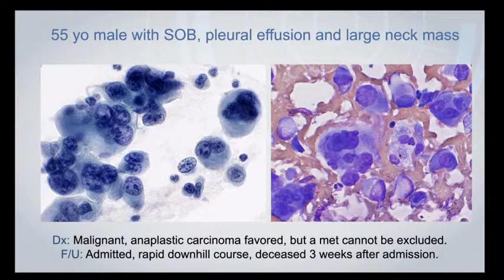So to a very large extent, clinical correlation is required for a definitive diagnosis of an anaplastic carcinoma, and typically we sign these out as malignant, favoring anaplastic carcinoma, but recommending clinical correlation to exclude a metastasis. And I think, as you all know, these tumors are invariably fatal and have a very rapid downhill course.